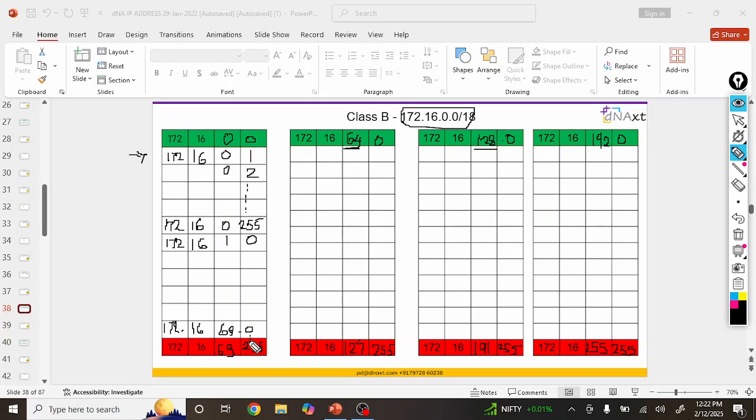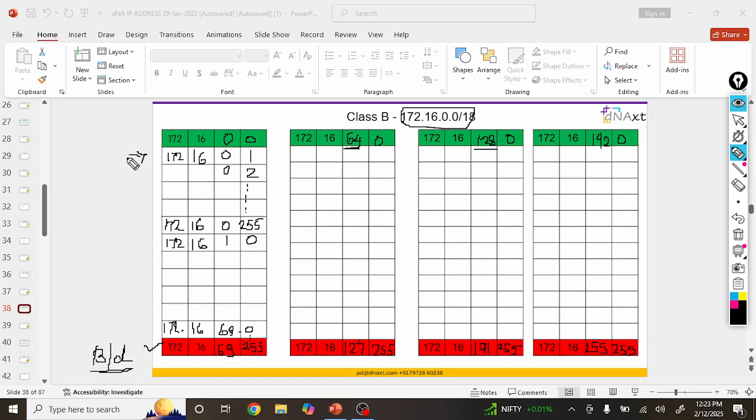The next IP address is 172.16.64.0, which is already in the second sub network. It is the network ID of your second sub network. So this will be your last IP address, and we know that this is our broadcast ID.